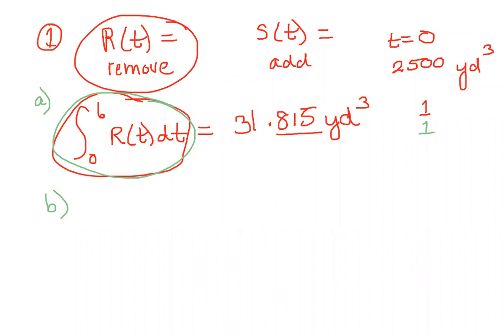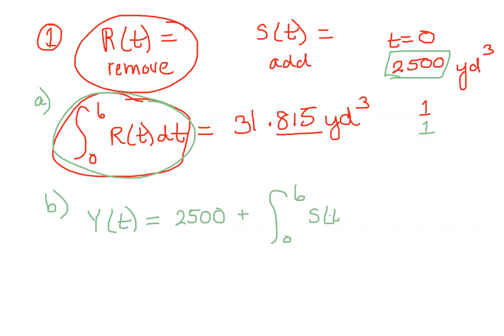All right, so y of t is going to equal 2,500, because that's how much we're starting with. Remember, right here, they told us that. Plus the integral from 0 to 6 of S of t minus R of t dt.